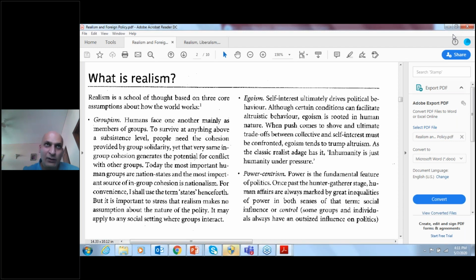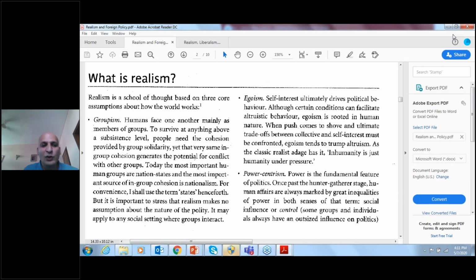Okay. Now, in international relations, they say to keep in mind three aspects of realism. I've put all those three aspects on the screen right now. The first aspect is called groupism.